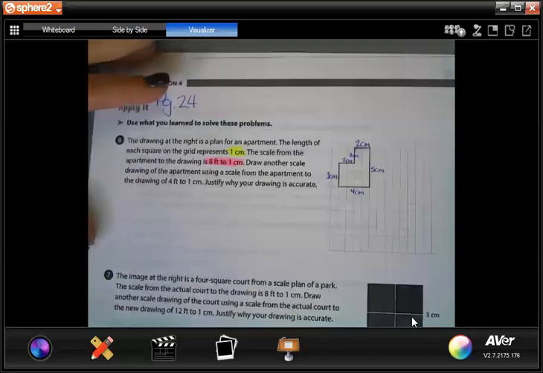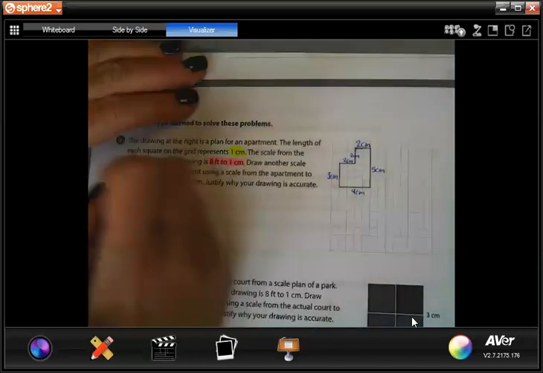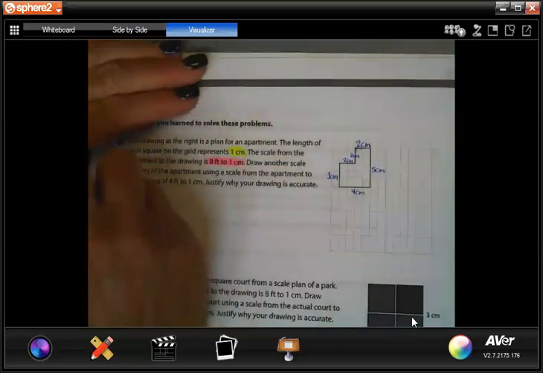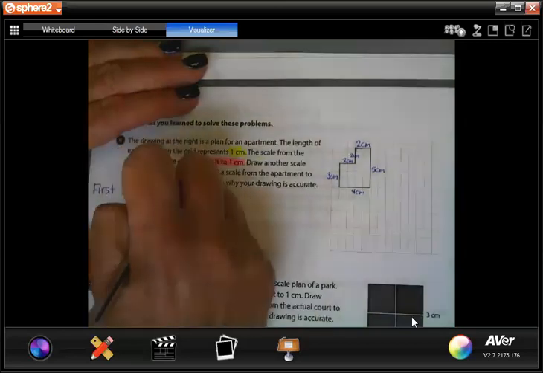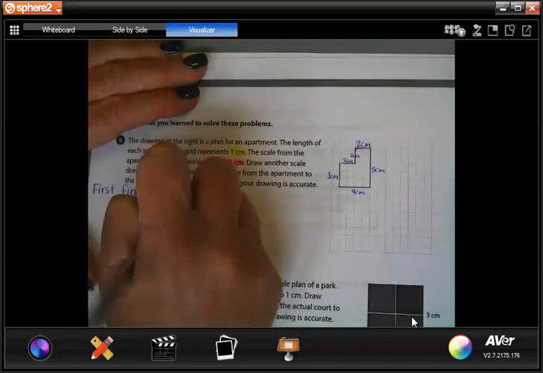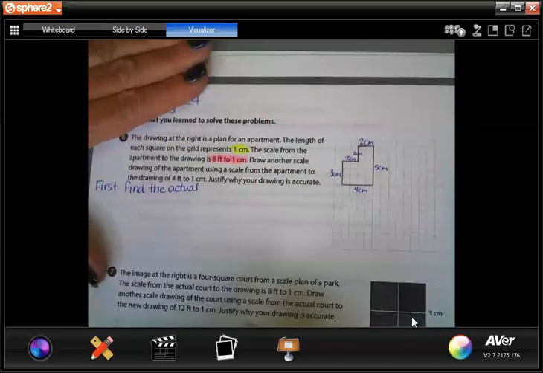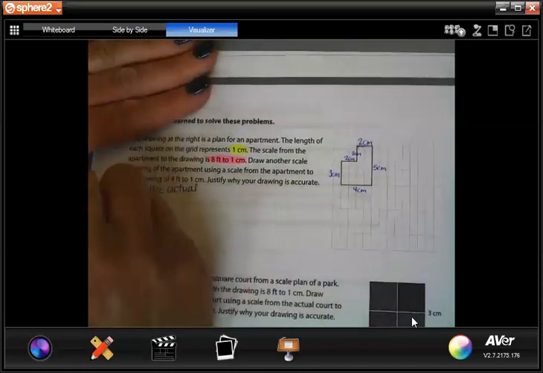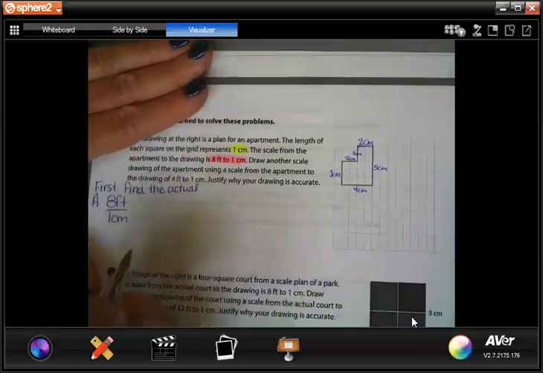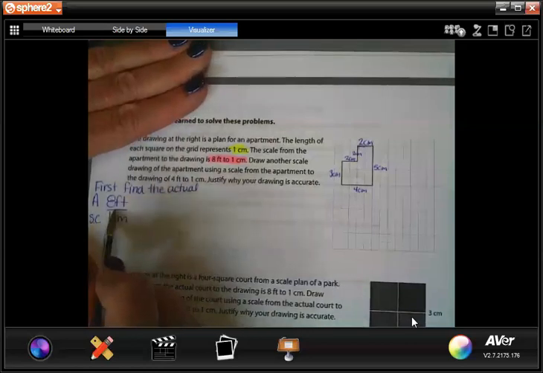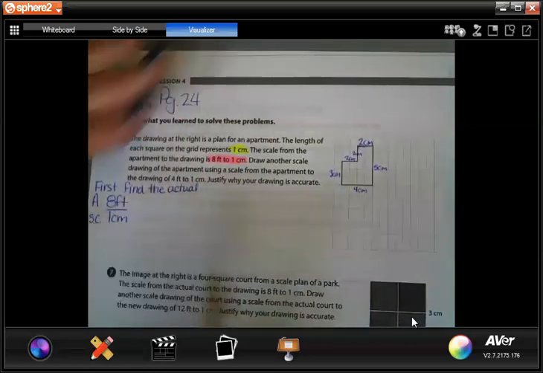So first, we're going to find the actual. To find the actual, we're going to use this scale. What this means is for every 1 centimeter in the drawing, that length will be 8 feet in real life.